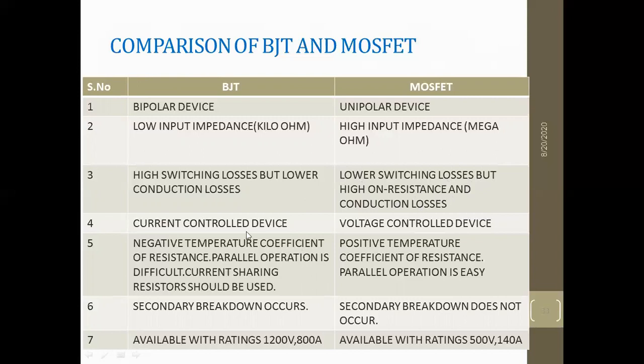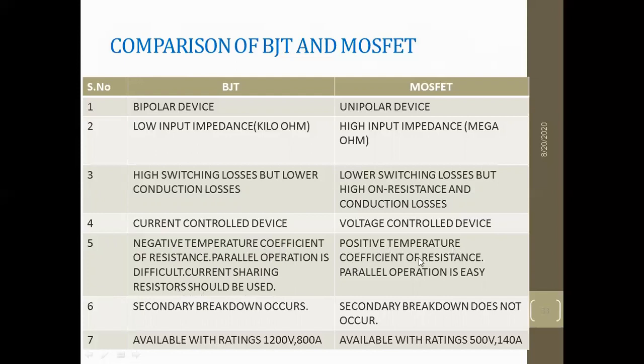Here, the BJT is a current controlled device and a MOSFET is a voltage controlled device. Next, the BJT has a negative temperature coefficient of resistance, so parallel operation is difficult. Current sharing resistors should be used.